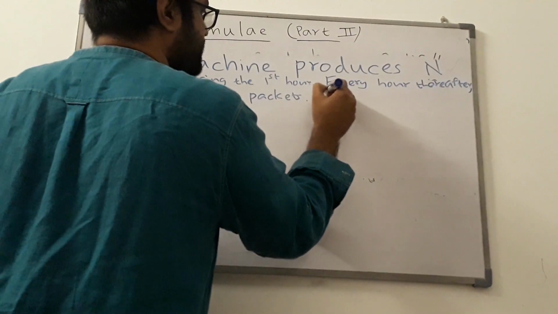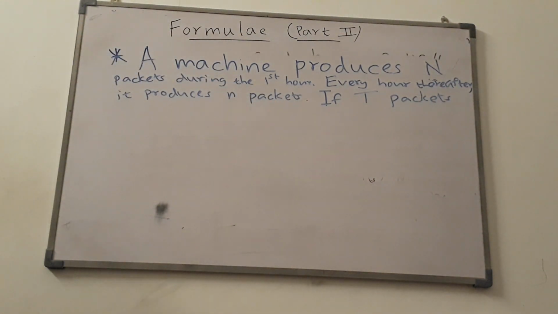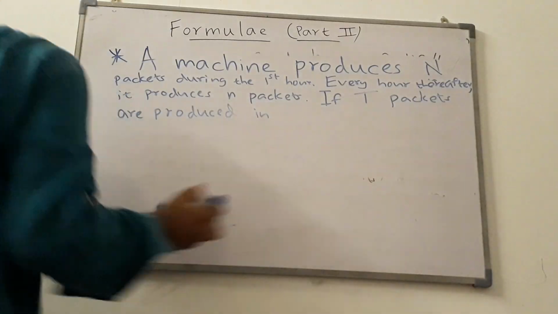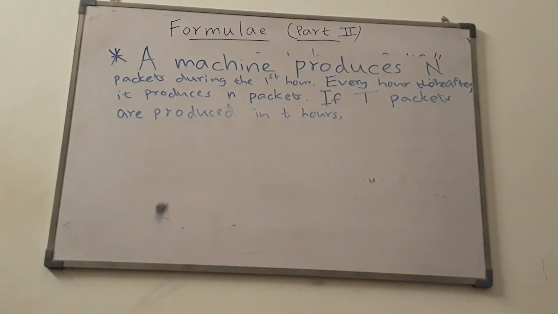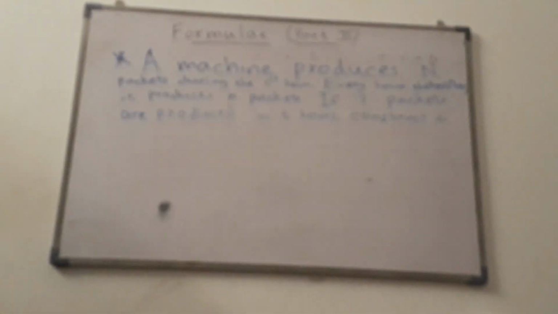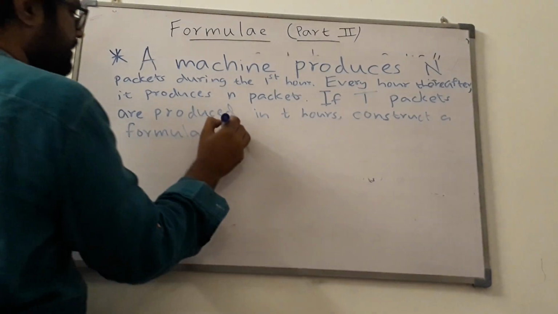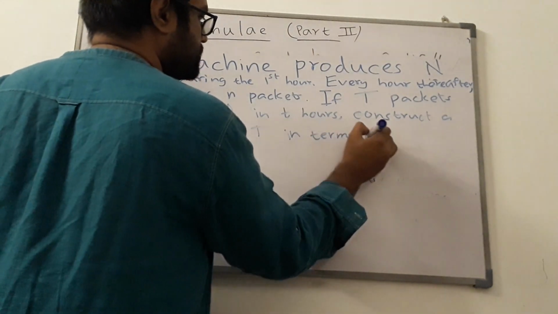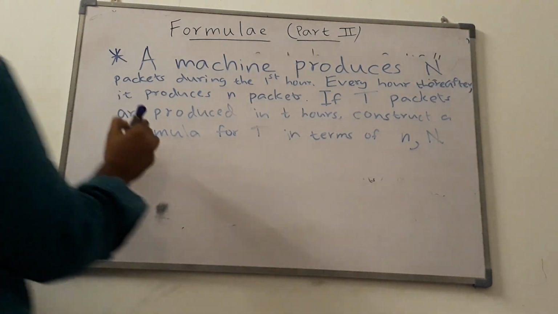If capital T packets are produced in simple t hours, construct a formula for capital T in terms of simple n, capital N and t.